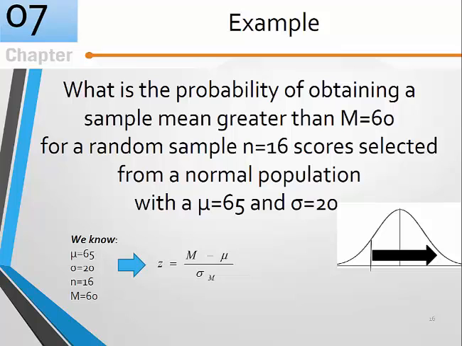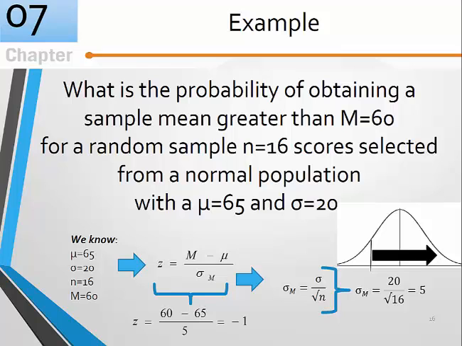Here we need the standard error of the mean, so using that formula, we plug in: 20 over the square root of 16. We get a standard error of the mean of 5. Now we plug this back into our z-score formula and get a z-score of -1. This is what we had visualized in the picture already.